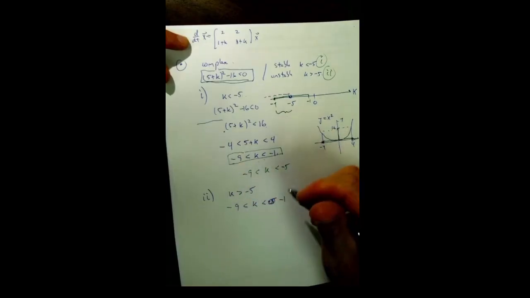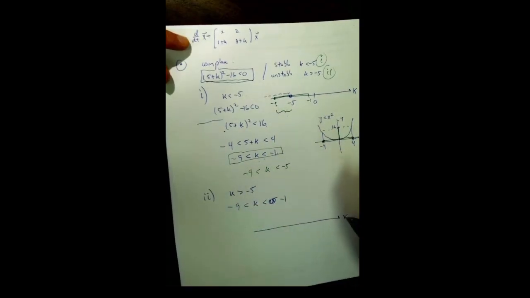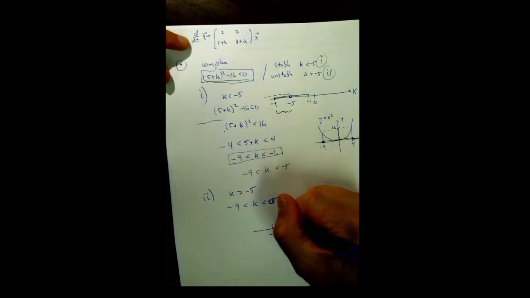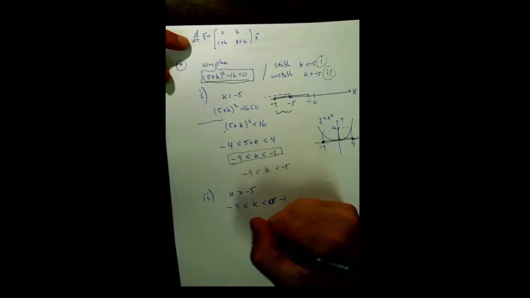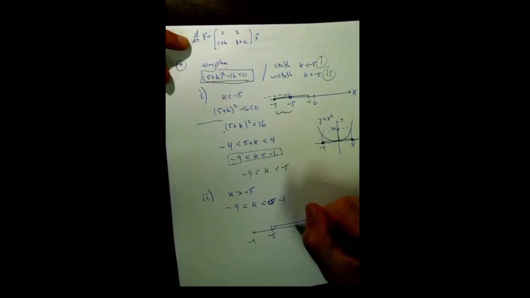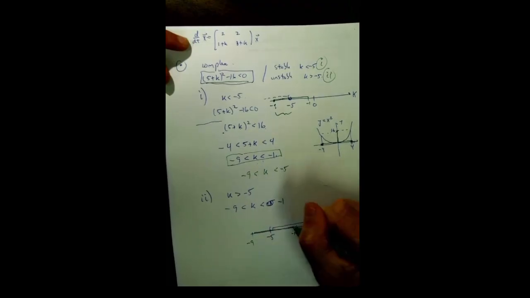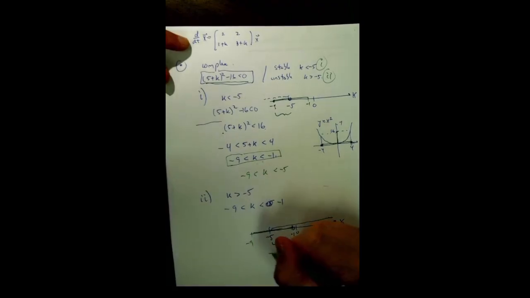So what does that mean? k is greater than minus 5 means that I'm out here somewhere. k is between minus 9 and minus 1 means I'm in here. So this is true if k is between minus 5 and minus 1.